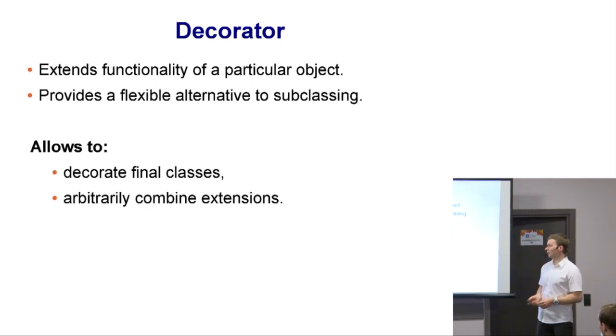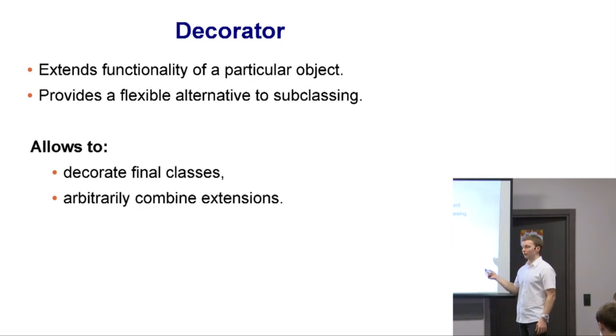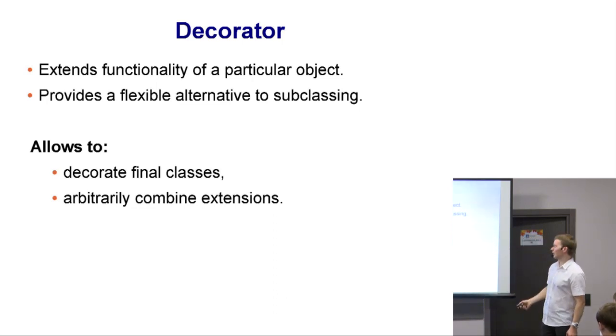The decorator pattern is useful when we need to express multiple decorations that can be arbitrarily combined together, and when we need to decorate final classes so we cannot resort to subclassing. So basically, decorator is a way to override a method without overriding a method.